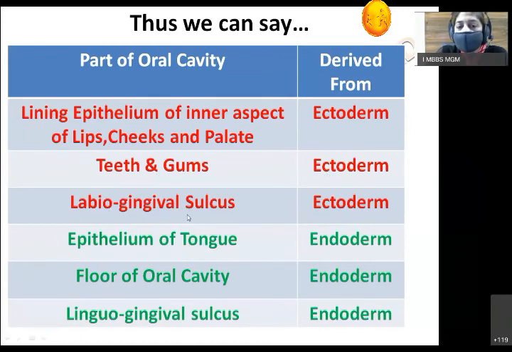The labiogingival sulcus, which separates the lip from the jaw, is ectodermal. Then the epithelium of the tongue is endodermal. The floor of the oral cavity is endodermal in origin, and the linguogingival sulcus is endodermal in origin. MCQs can be asked on these terms.